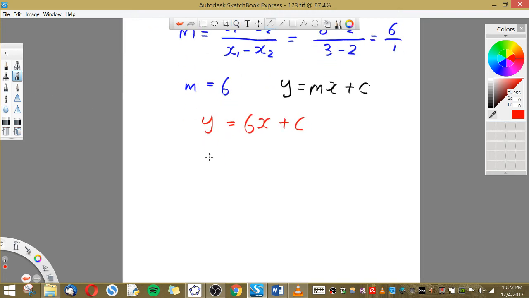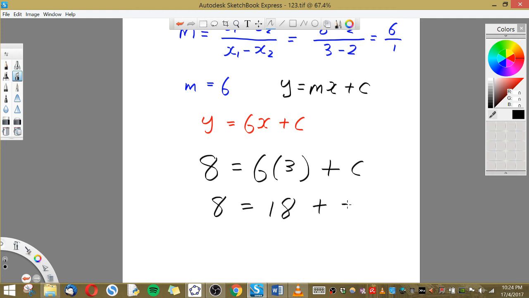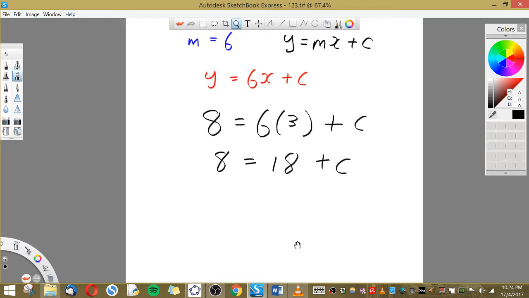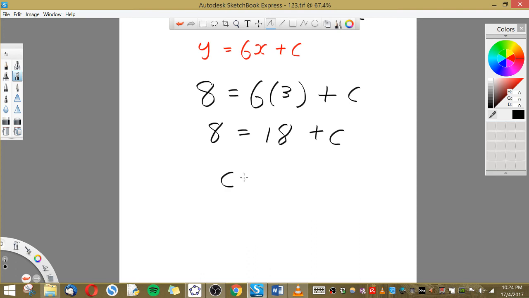Y gets substituted by 8, and x gets substituted by 3. Alright, so now this is actually a linear equation. Let's try and solve this. 8 equals 18 plus c. Can you figure out what c is? Okay, c is actually 10.